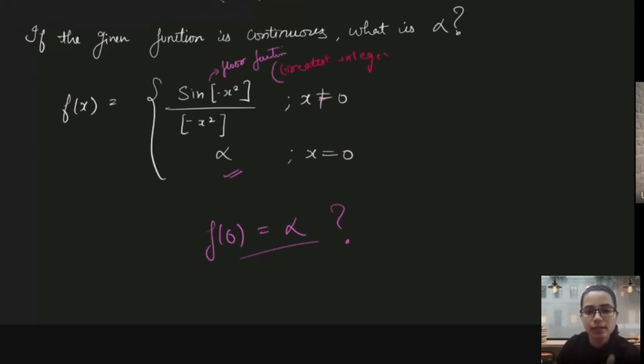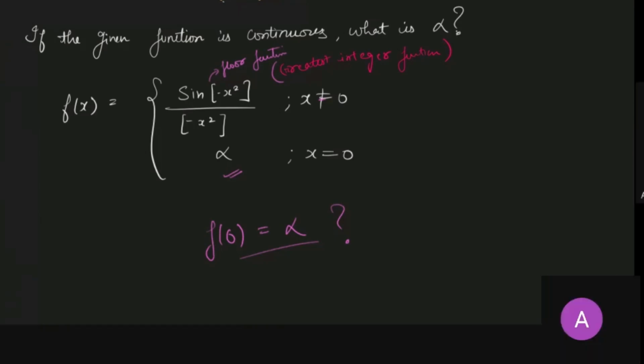I'll give you 1 minute because this is an easy question. After that, I'll discuss. If somebody has any idea or some solution after 1 minute, they can come up with it and then we'll discuss it. Zero.